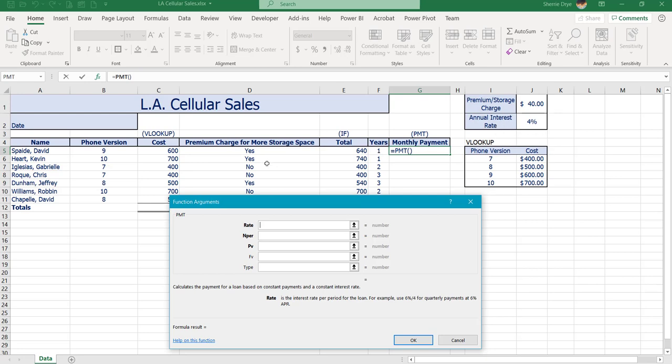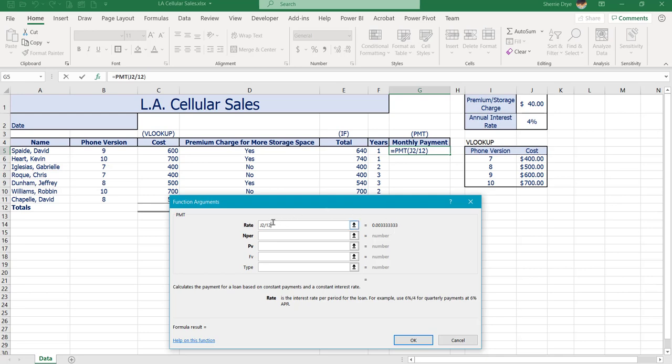This means that the interest rate, being 4%, would need to be divided by 12 months in a year in order to find the monthly interest rate. So we're going to take the interest rate, divide it by 12, and you can see it gives you the amount of interest rate that you would have per month.